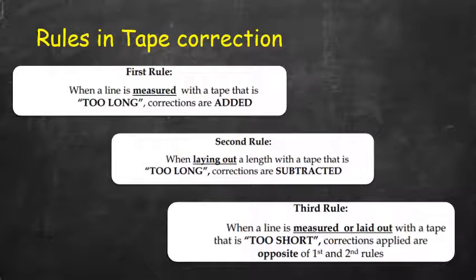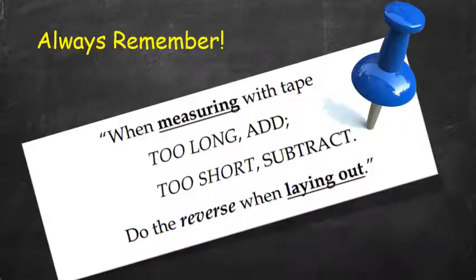And when we lay out, when the tape is too short, the corrections are added. So, in general, when measuring with the tape, too long, you add. When too short, subtract. Do the reverse in the laying out, which means pag nagle-layout tayo too long, we need to subtract, and too short, we need to add.